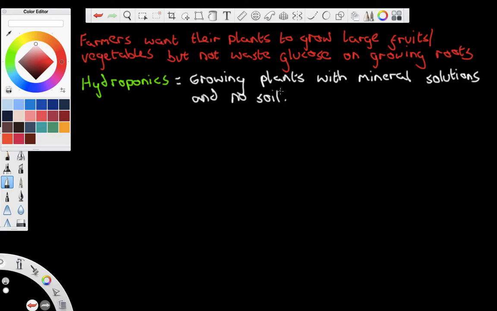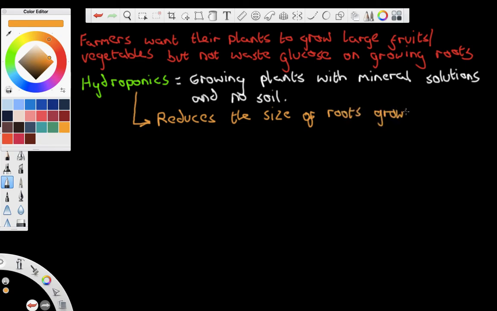Okay? This reduces the size of the roots grown. So this reduces the size of roots grown by plants.